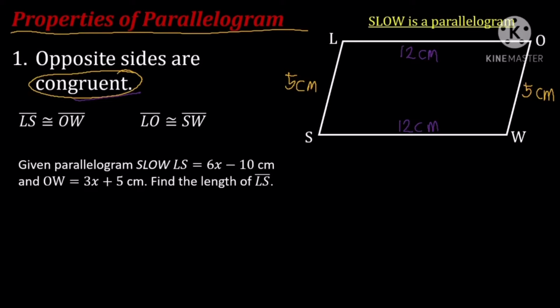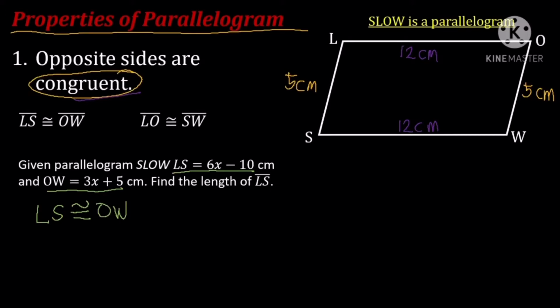So, ano ba yung mga given? So, side LS and side OW. So, lagay muna natin, we have LS and opposite side niya is OW. So, it means that LS is congruent to OW.